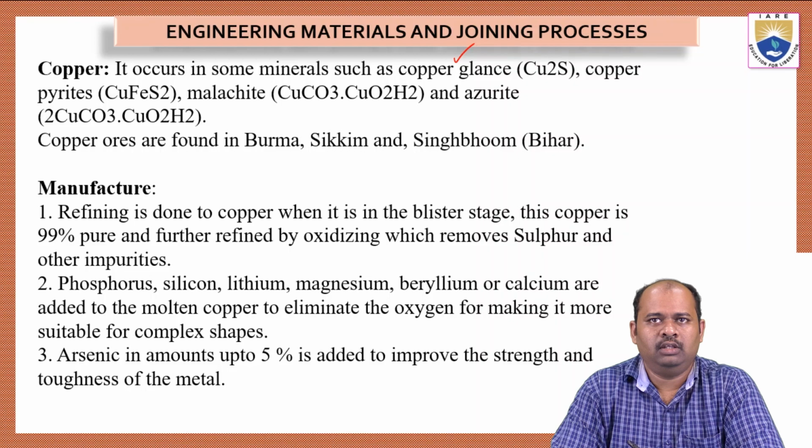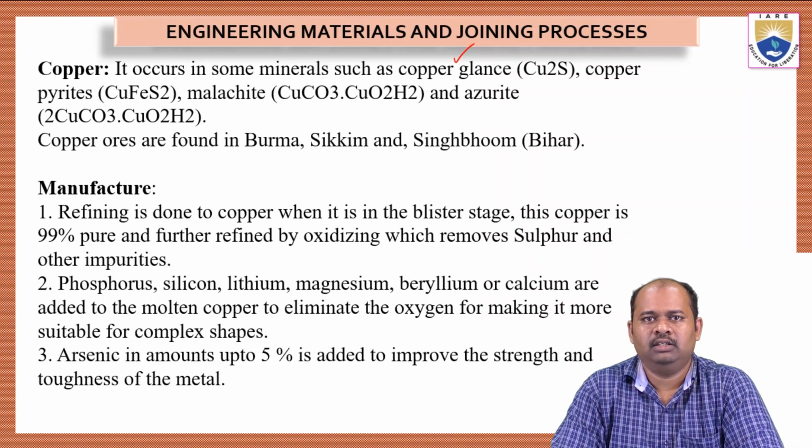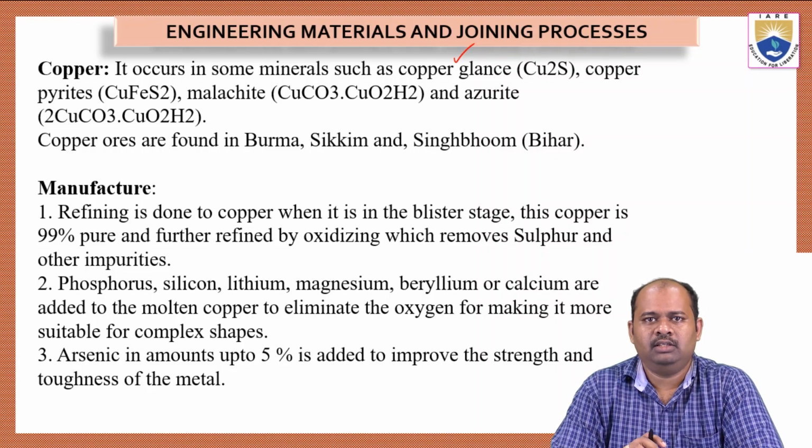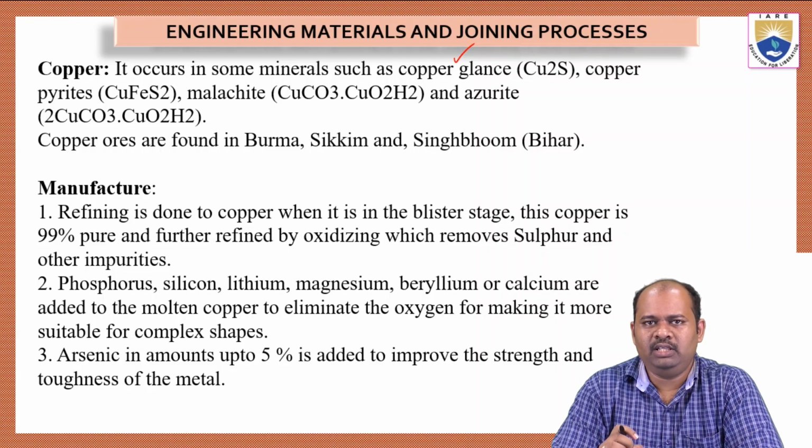Copper ores are found in Burma, Sikkim and Singhbhum, Bihar. These are the places in India where we can find the ores of copper, which we can refine and use for different purposes. We all know copper is a very popular material used for electrical wiring because it can be drawn into very thin wires.